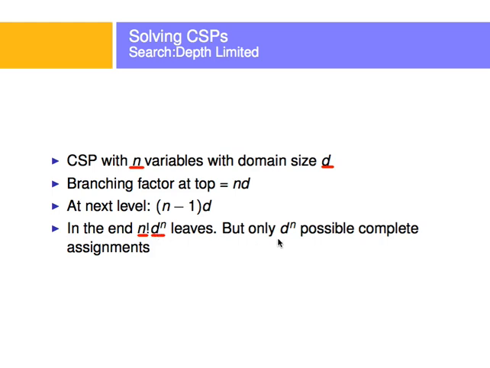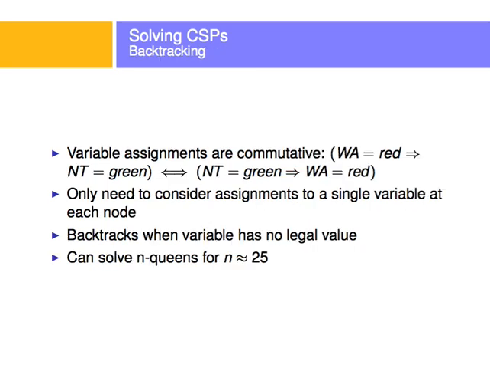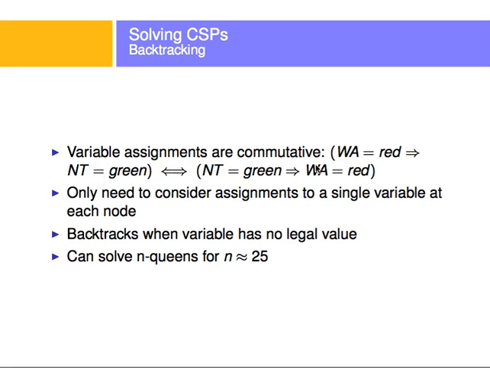Now, only d to the n possible assignments are complete assignments, right? So this is clearly a problem that we have to optimize somehow. One way of doing this is via backtracking and noting the following. The variable assignments are commutative. So if I say Western Australia is red and that implies that Northern Territory is green, this is the same as if Northern Territory is green implies that Western Australia is red.